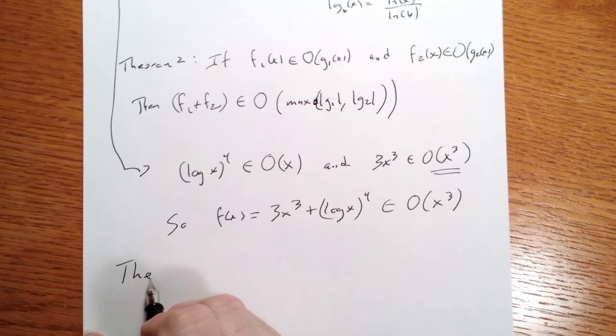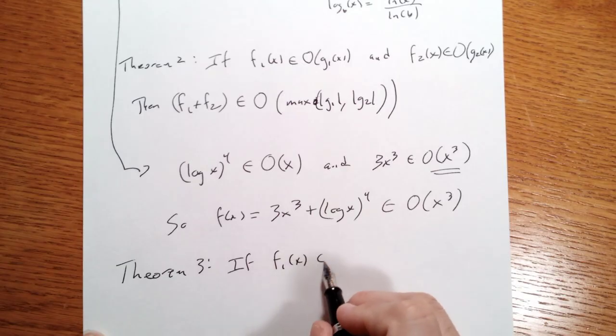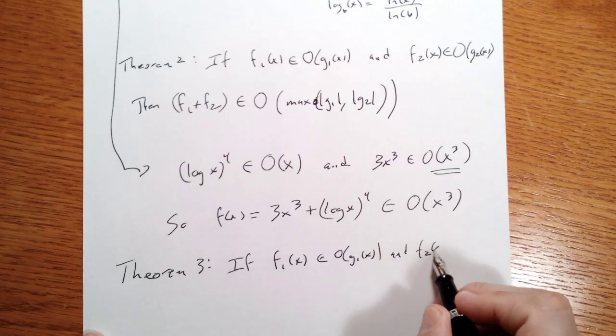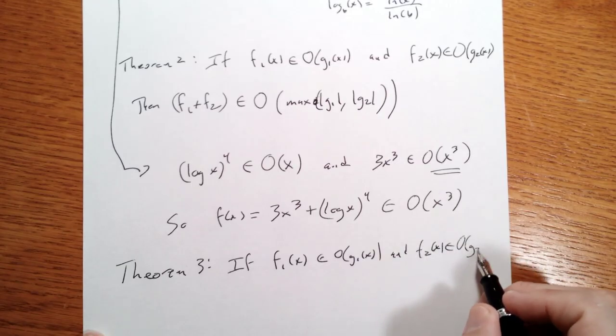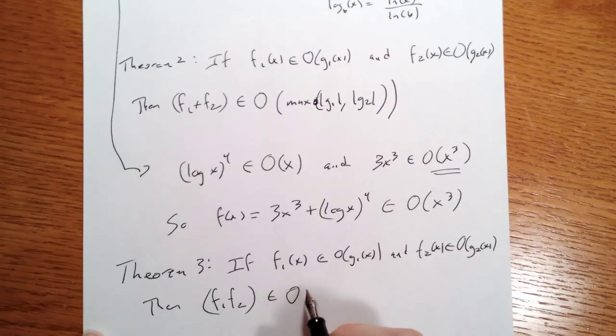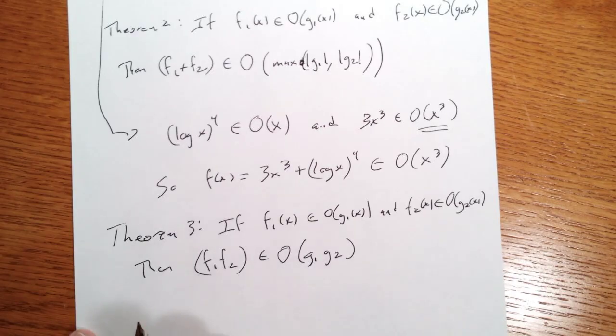If I'm multiplying, F1 is in big O of G1, and F2 is in big O of G2, then the product F1 times F2 belongs to big O of G1 times G2. So when we're multiplying, that increases my big O, or decreases it, depending on how I multiply. Let's consider this function.